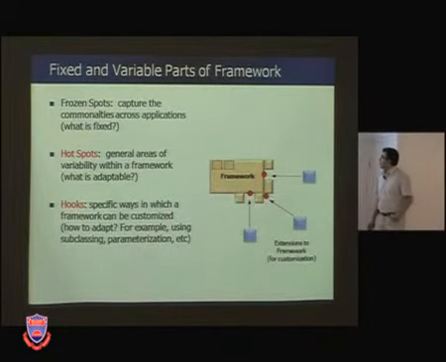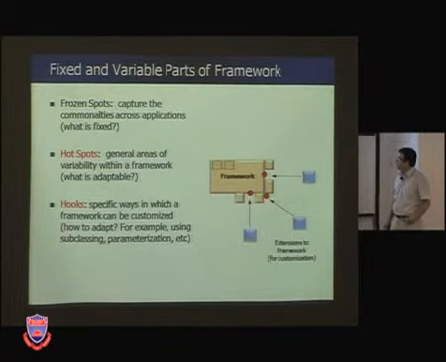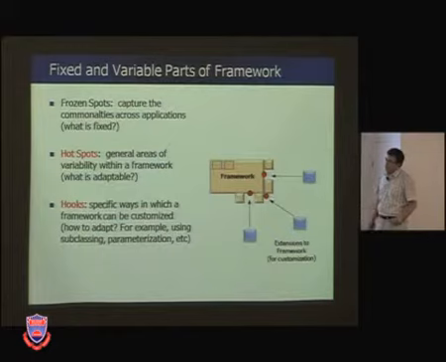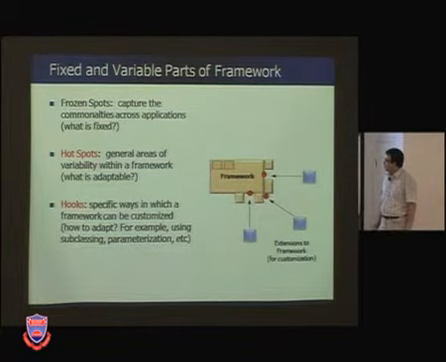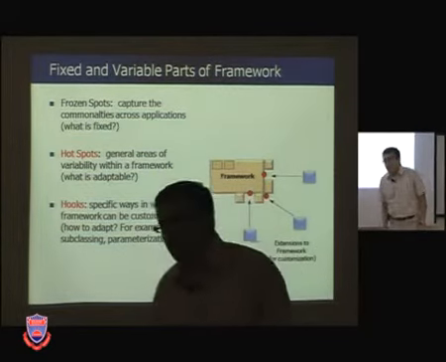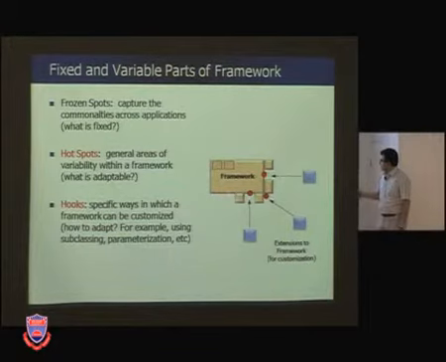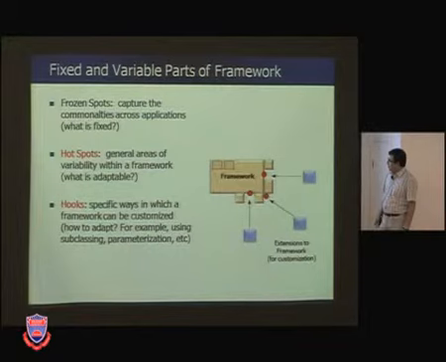There are fixed parts and variable parts in an object-oriented framework. The fixed parts are called frozen spots. They capture the commonality of the products that you focus on. The hot spots define the variant parts. There you have to check in the framework what is adaptable. For example, this part is common, and there are some parts which are hot spots.